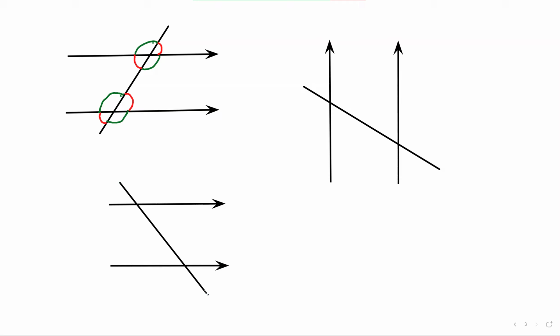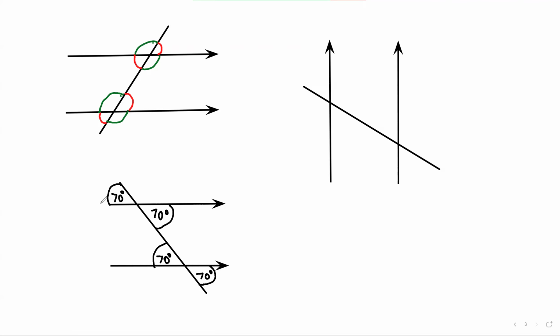So let's say this angle over here is 70 degrees, right? Well, this 70 degrees will also be equal to this angle over here because they are vertically opposite angles. On top of that, that 70 degrees and this angle here will also be equal. They are called alternate interior angles. And then, of course, here will be 70 degrees as well because it's vertically opposite, right?